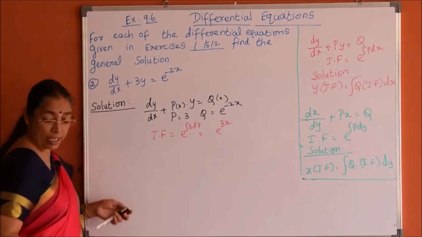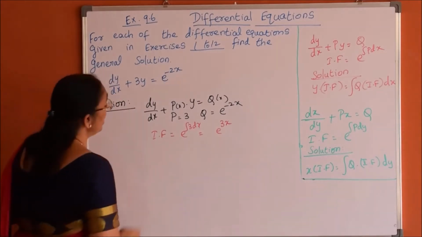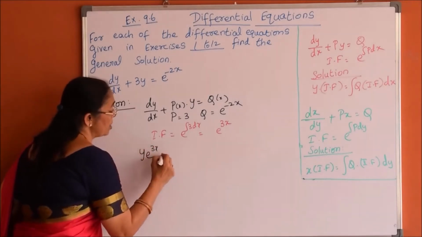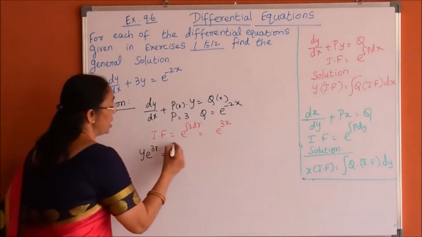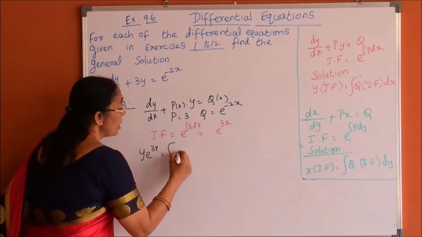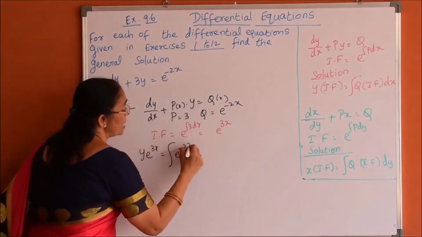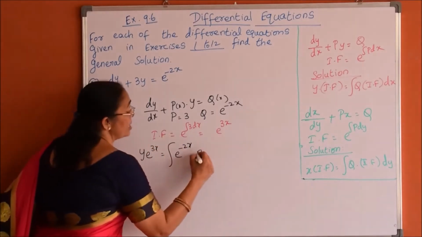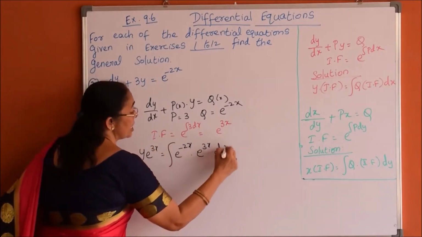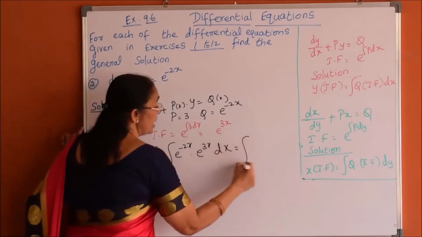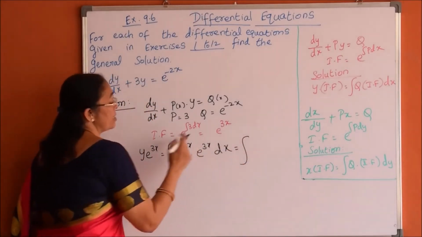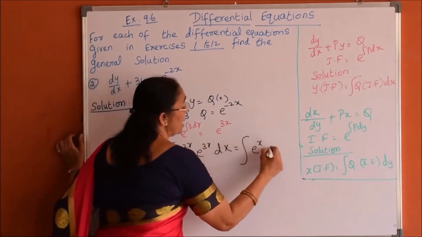Now solution is nothing but y into integrating factor, y into e to the power of 3x is equal to integration of, excuse me, q, e power minus 2x into integrating factor. Integrating factor is e to the power of 3x dx. So this one, integration of e power minus 2x into e power 3x is nothing but e to the power of x dx.